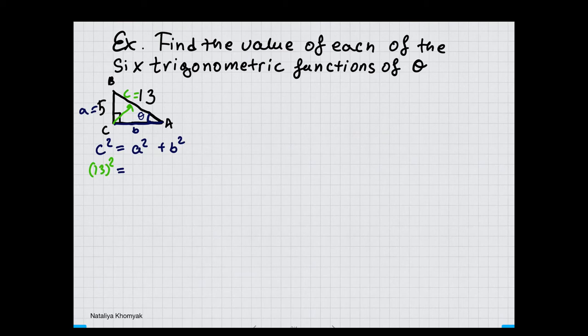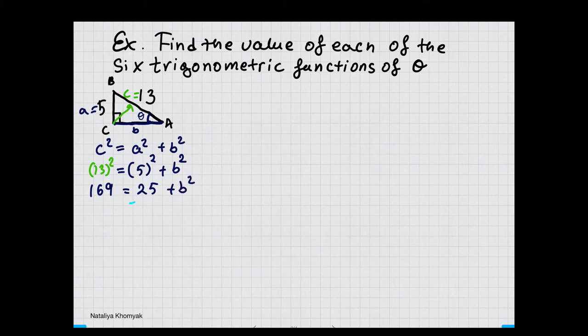It has to be by itself on one side. So a is 5 to the second plus b to the second is our unknown. 13 squared is 169 equals 5 squared is 25 plus b to the second.